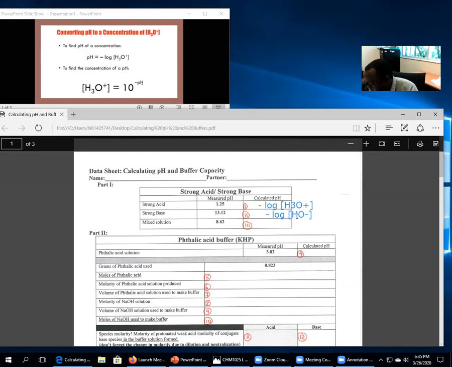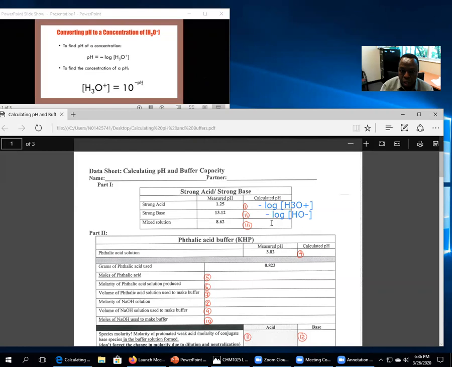So that's how you will determine the hydroxide concentration and hydronium concentration in order to find what? In order to find the pH and pOH. This is calculated.